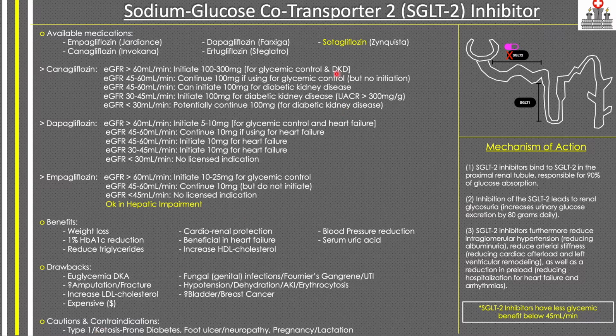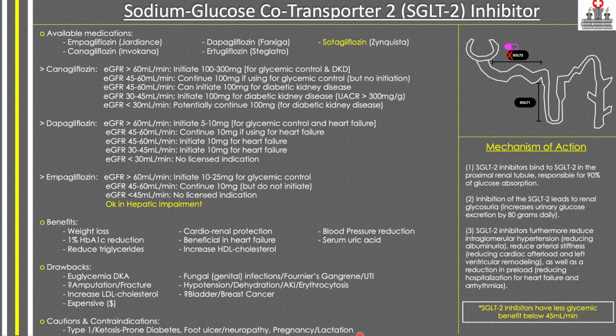As we know, the sotagliflozin medication is approved for type 1 diabetes in the European Union, and it's likely to change if we prescribe SGLT2 inhibitors in the appropriate individual with some kidney damage. Perhaps the benefits outweigh the risks. Again, if they're at risk or have foot ulcers or neuropathy, it's best to consider another medication. And again, as these medications are relatively new, the effects in pregnancy and lactation are really unknown.